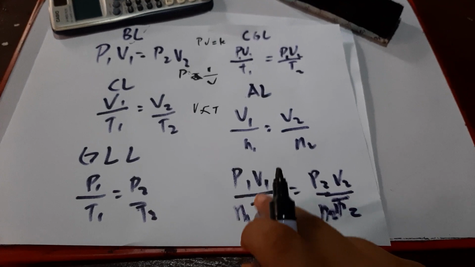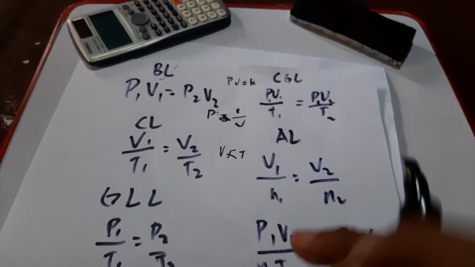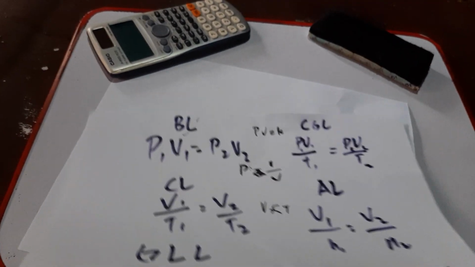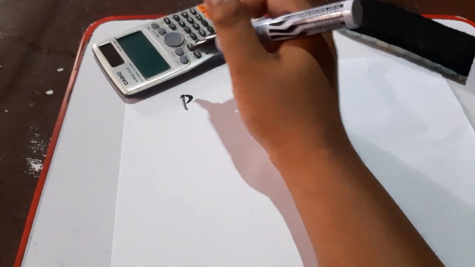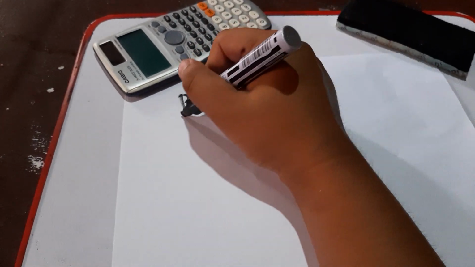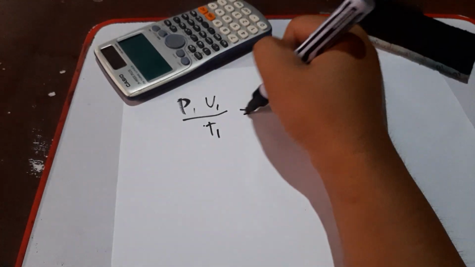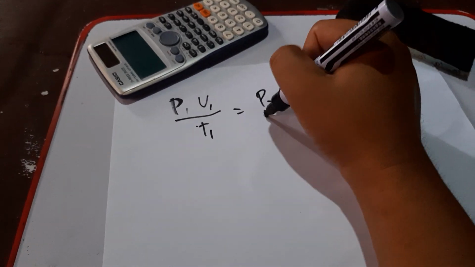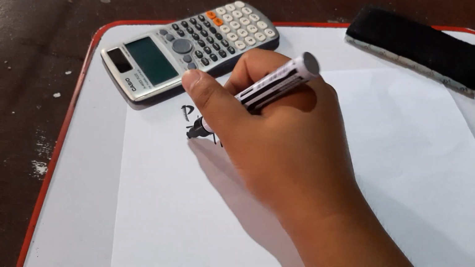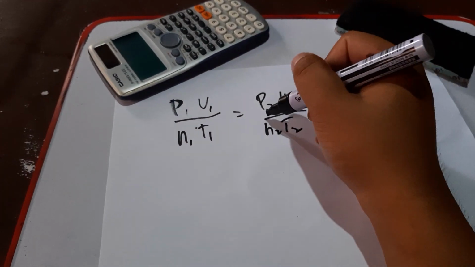Let me rewrite this, the combined gas law. So the combined gas law again is P1V1 over N1T1 equals P2V2 over N2T2, where I added the number of moles, N1 and N2.